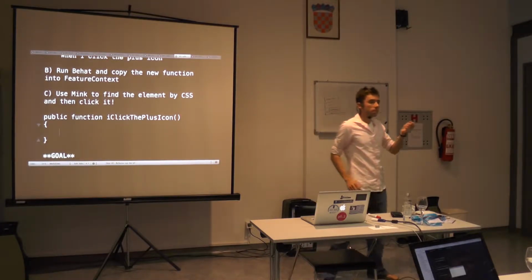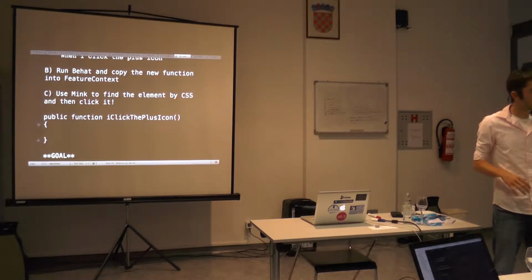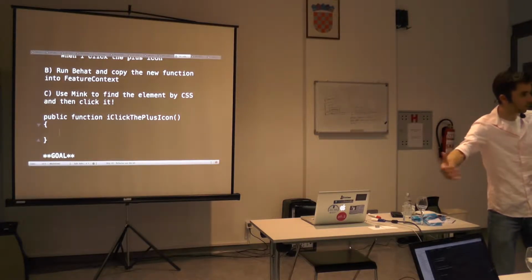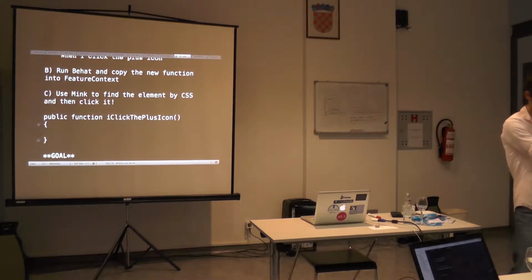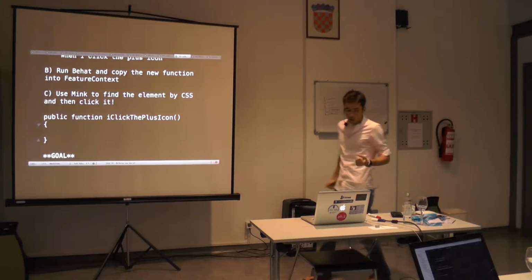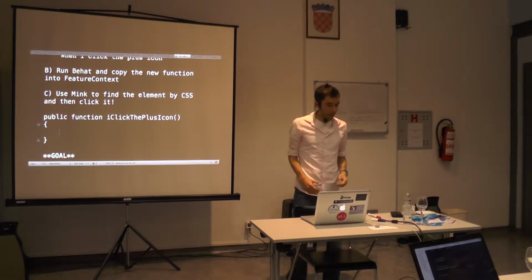So remember in Mink, the most important object is the session object, which represents the browser tab. Okay? And then from the session, you can get the page, which is like the jQuery element. And from the page, you can use CSS to find individual elements. So session, page, and then node. But everything starts with that session. So if we could get access to the Mink session object from here, then we'd be really dangerous.